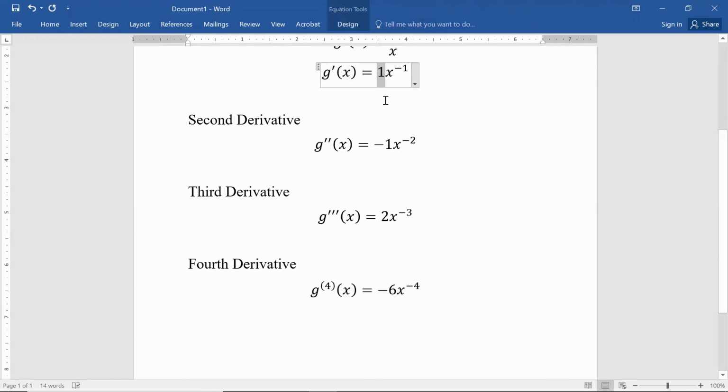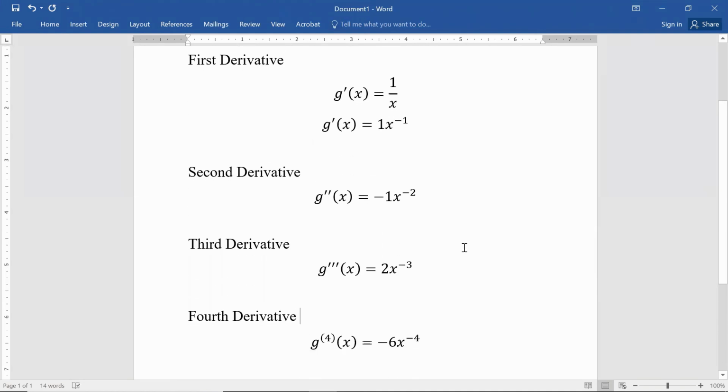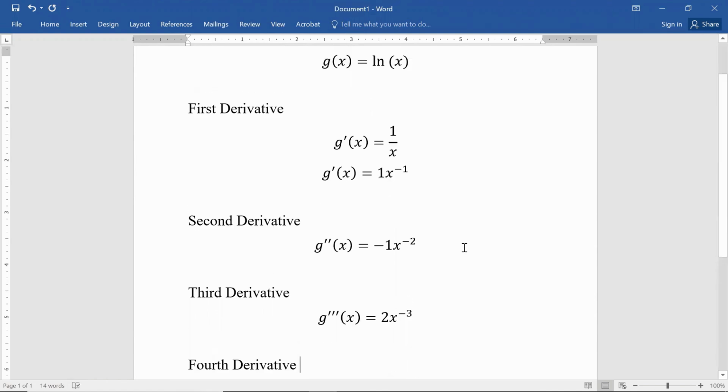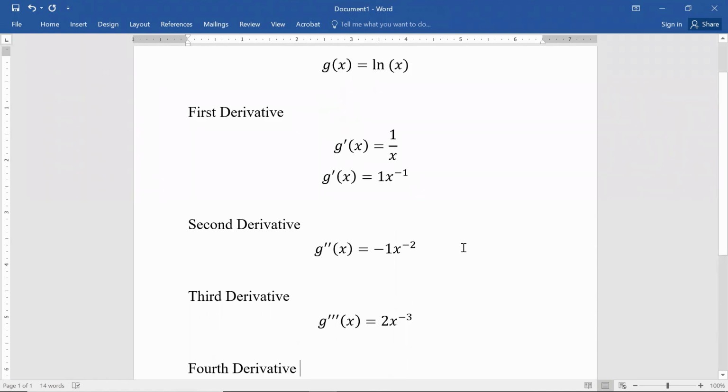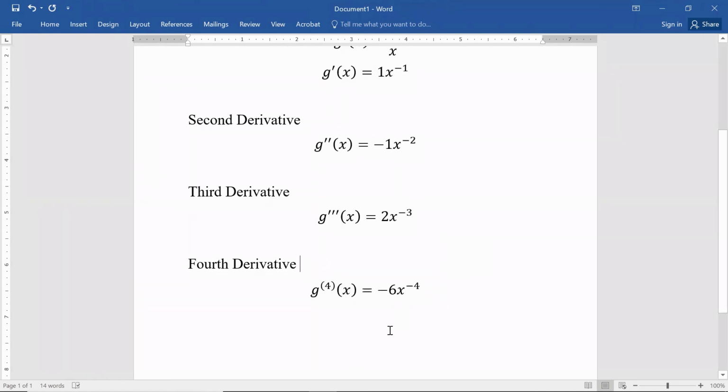So my negative and positive coefficients are always switching back and forth between each derivative. So those are the first 4 derivatives of the natural log function. And if you wanted to, for fun, you could keep going on and on and on. And that means this is the end of this section.